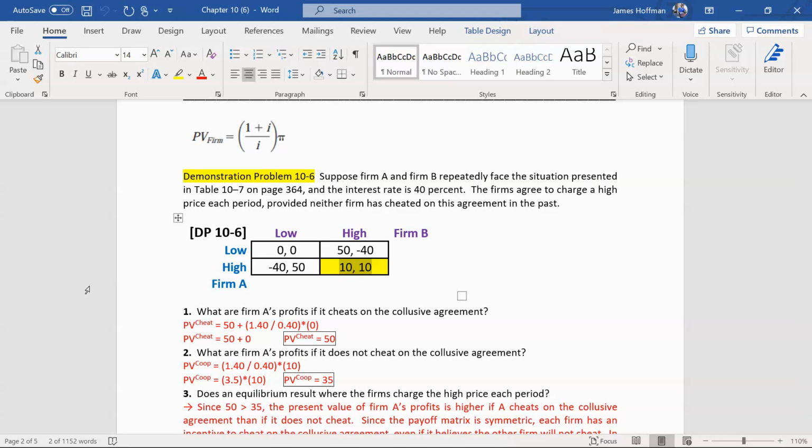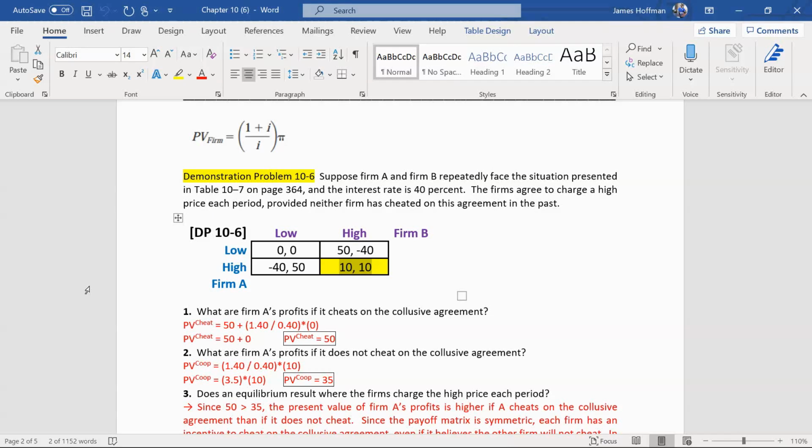Okay, but you can also see that there's a trade-off, or there's an incentive to cheat for some of the firms. So what we're saying here is that they either agree to both price high, and they get 10 every time, the profit of 10.